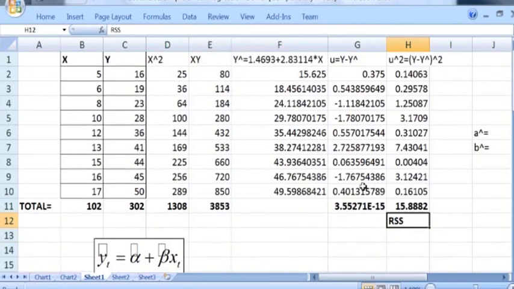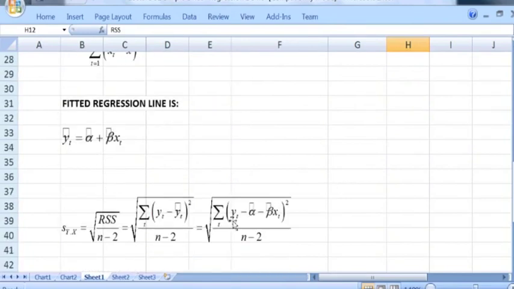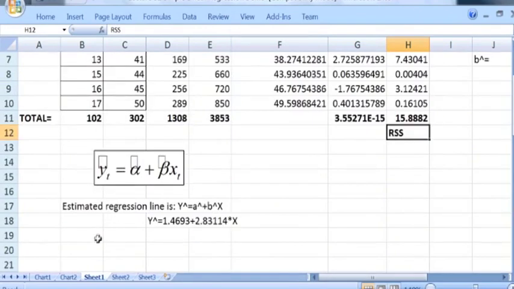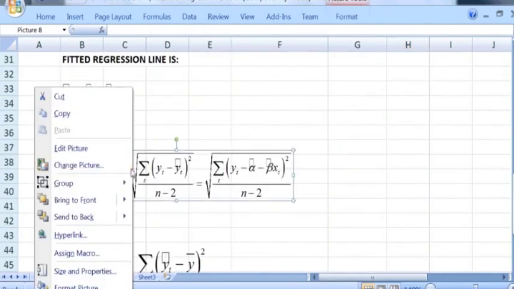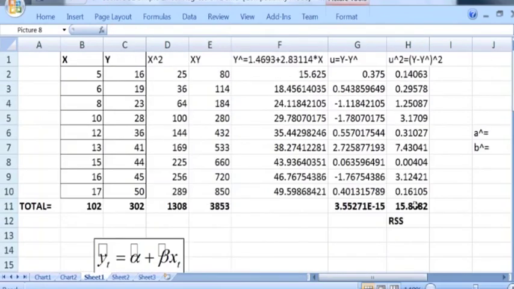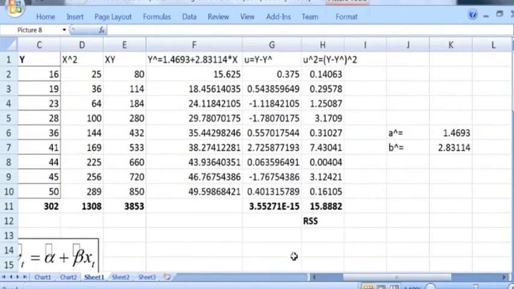So we have RSS in hand. Now, in order to calculate standard error of regression, we have to divide RSS by n minus 2, where n is the total number of observations. I am just using this formula, so let me copy it here to have a better understanding.